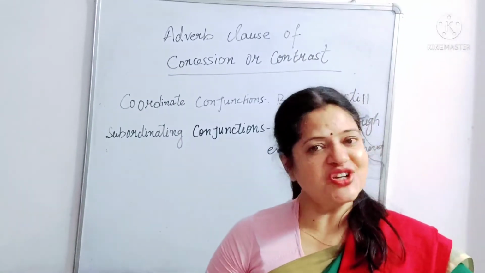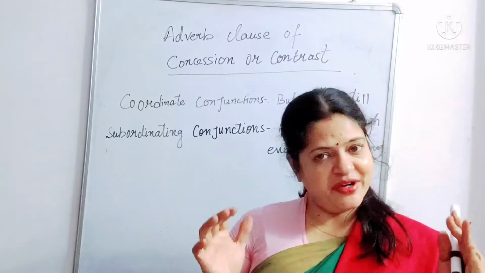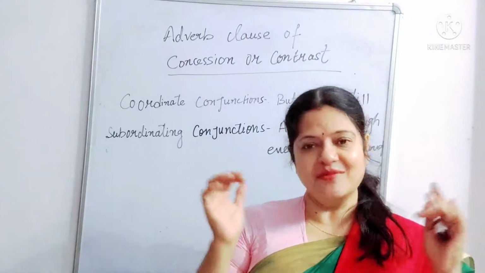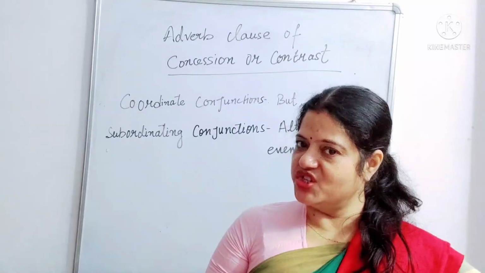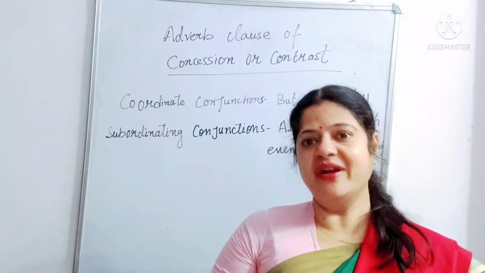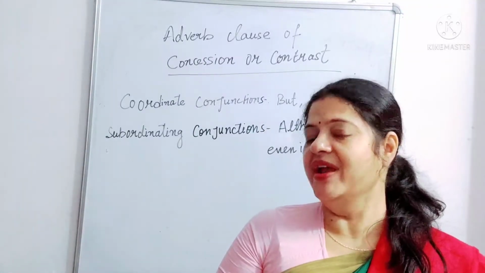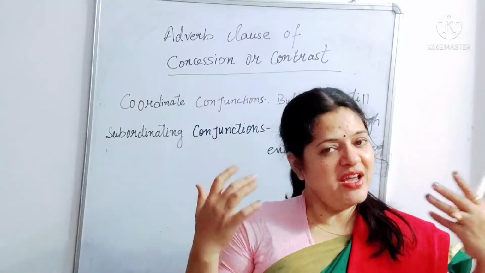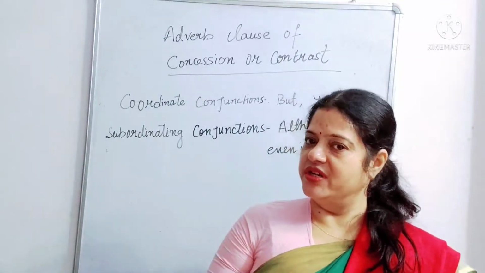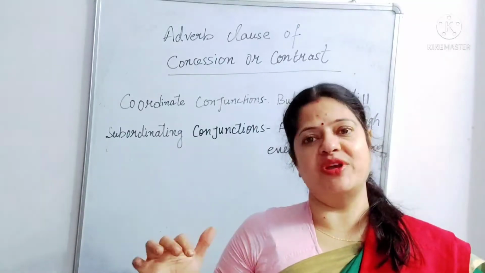Now let's first understand what is concession or contrast. When two different or contrast ideas come together, we call it concession or contrast. Suppose somebody has a leg injury and in spite of that injury he wins the race, we will call it a concession situation.